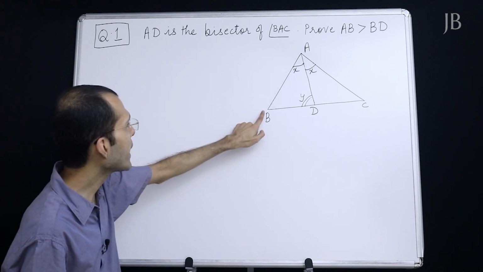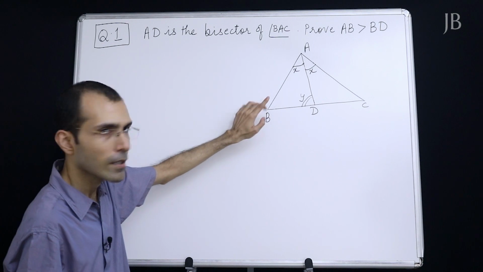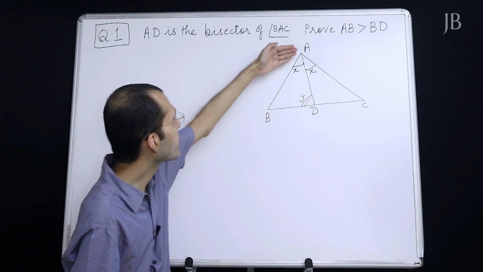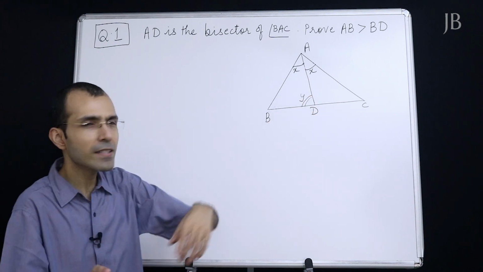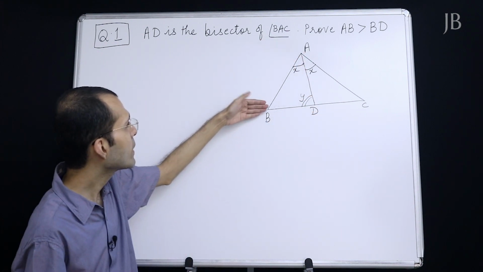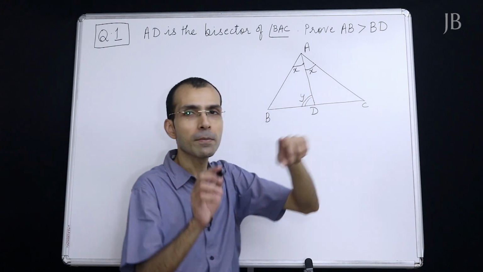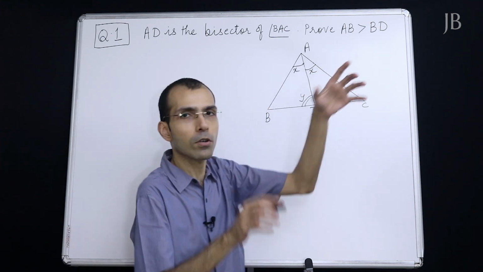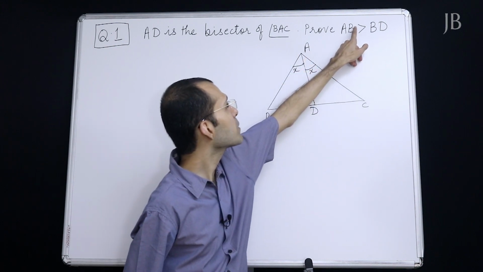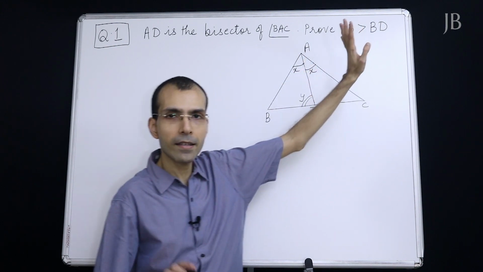AB and BD. To be precise, we have to prove that AB greater than BD. Open mouth means greater. These symbols you have studied in class 6 and 7. The crocodile mouth, so open mouth means greater. So prove AB greater than BD.